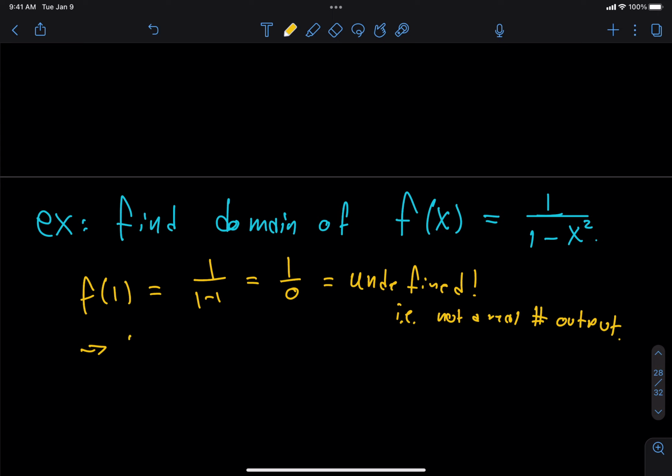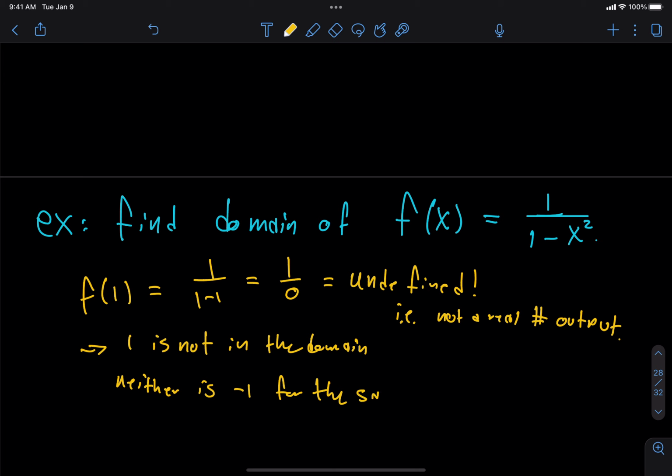Therefore, 1 is not in the domain. And neither is negative 1 for the same reason. Negative 1 times negative 1 is 1. 1 minus 1 is 0. Same reason.